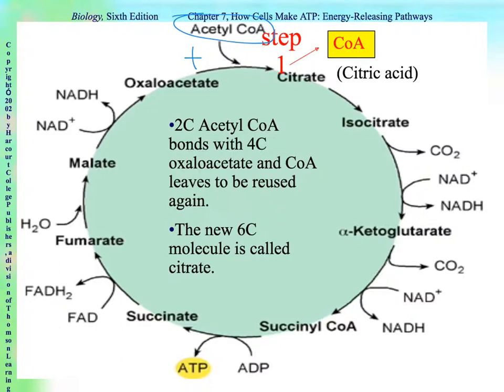Remember, acetyl coenzyme A is 2 carbons, and oxaloacetate is 4 carbons. So 2 plus 4 equals 6 carbons. So citric acid, or citrate, is the name of our product, and that is a 6-carbon product. In this step, coenzyme A is going to leave again and then be reused in stage 2. And that's all for step 1.